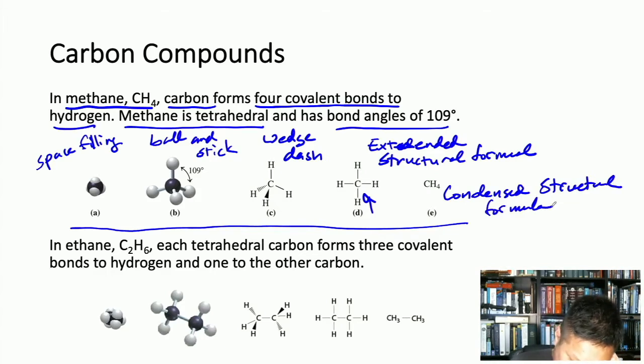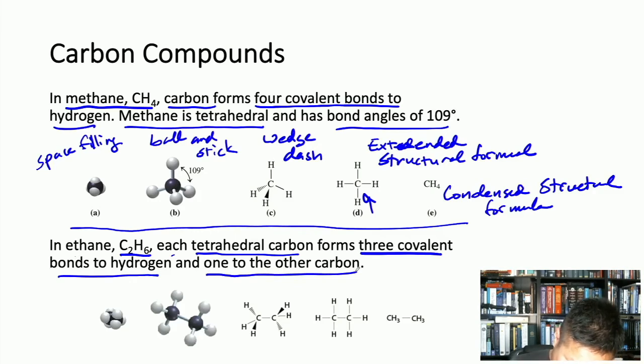So now let's take a look at ethane, which has 2 carbons in it and 6 hydrogens. Each of those carbons are tetrahedral, and they form 3 covalent bonds to the hydrogen and 1 covalent bond to the other carbon. Right?